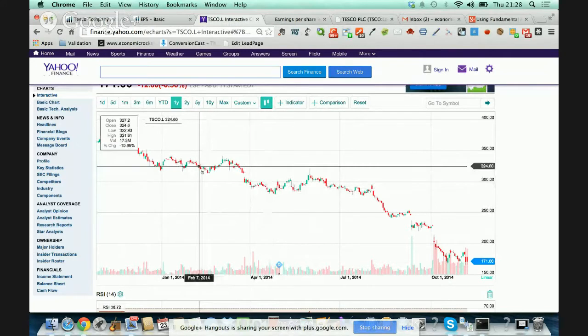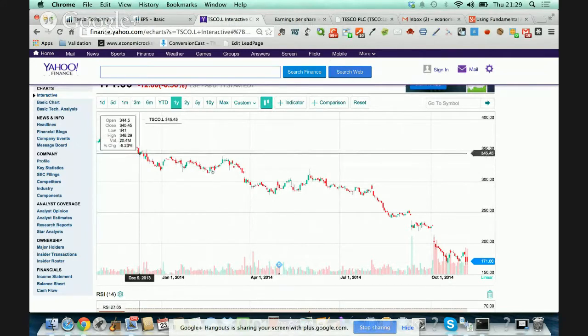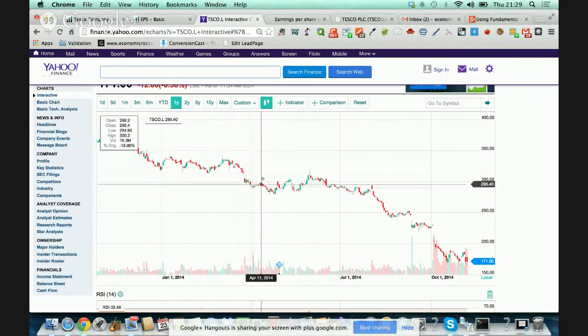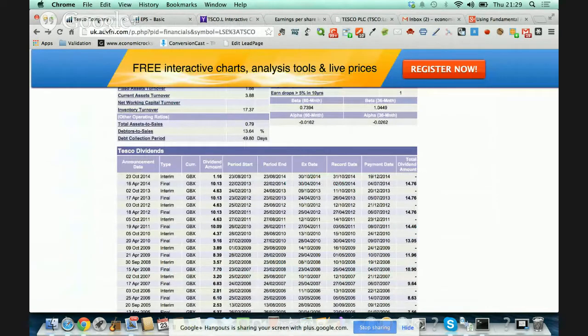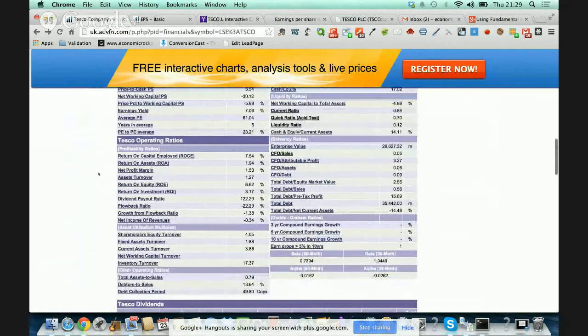Okay, that's if the yield is actually based on the 291 or whether it's based on the 171. But either way, that dividend is quite high, and possibly it is anchored on the earnings per share. The EPS stands for earnings per share. Sorry, and thanks for the calculation: 11.58.